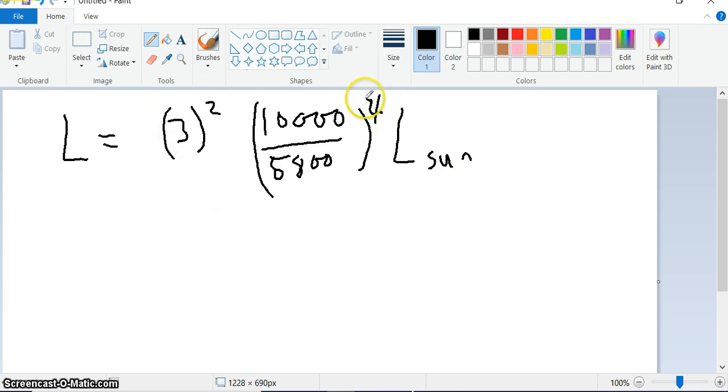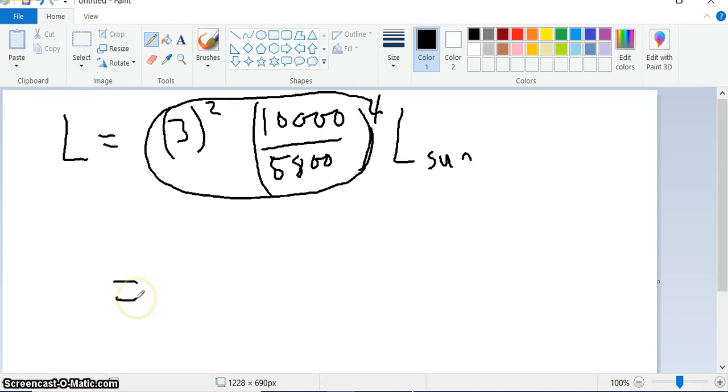Some stars are more luminous than the sun, so that number would be greater than 1. Some stars are less luminous, so that number would be less than 1. This turns out to be 79.5 times the luminosity of our sun.